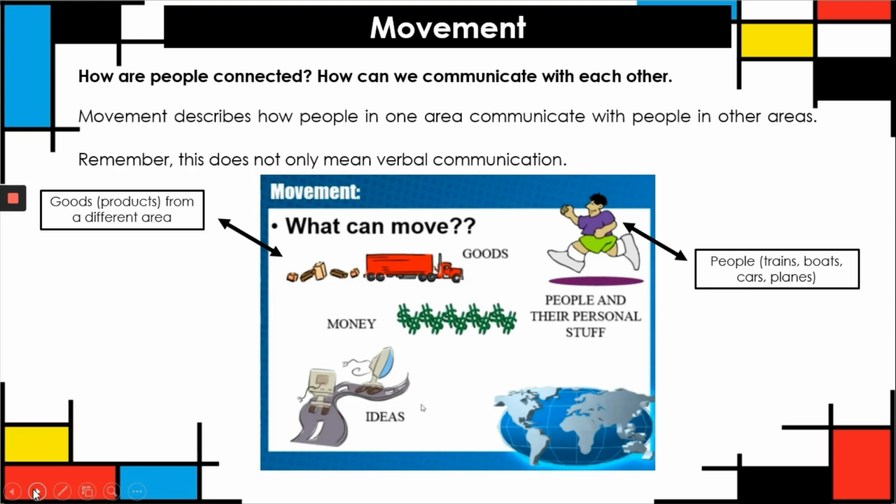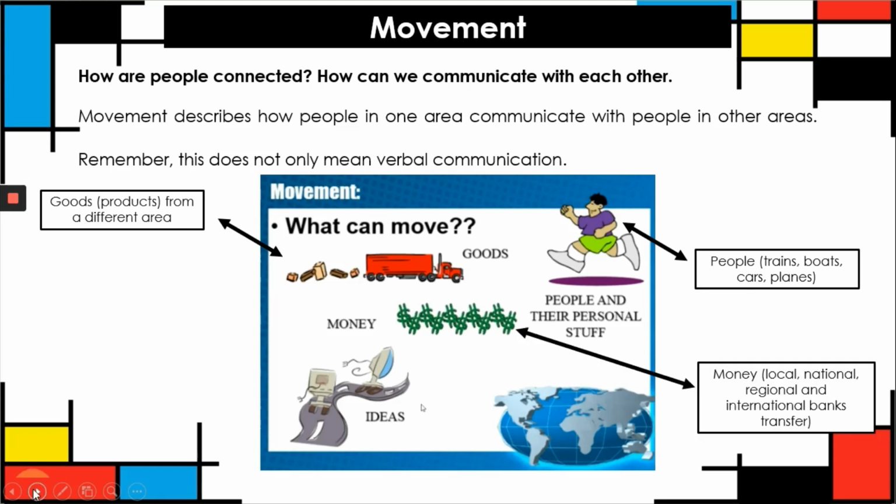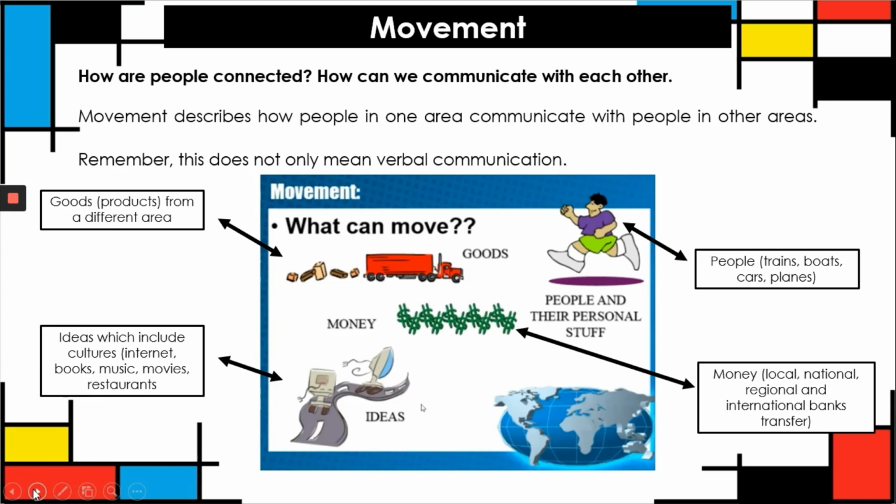Another thing that could move is money. Okay, money can move locally, nationally, or regionally, and even internationally, through transfers. For example, when some of your family members might transfer money from the United States to Peru, etc. Also, ideas move from one place to another.